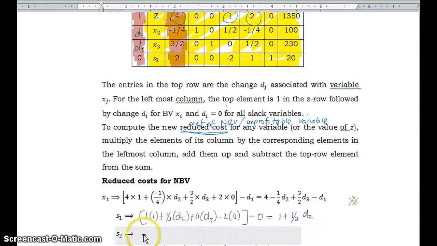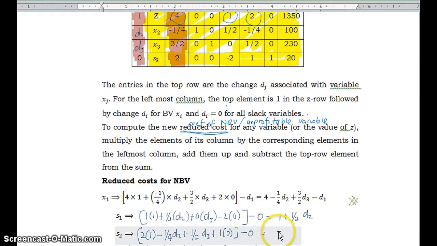For S2, the reduced cost, or the coefficient of S2, is 2 times 1 minus 1 over 4 times D2 plus 1 over 2 D3 plus 1 times 0, and then minus 0, because 0 is the element on the top row.